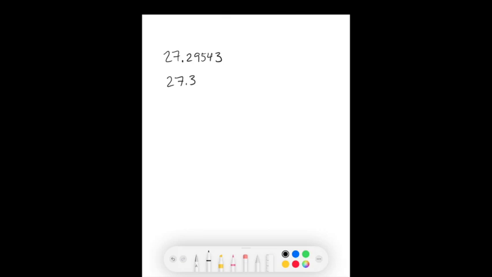We round the 2 up because of the 9. Now how about 4 significant digits? Well, that answer would be 27.30. We see that the 9 gets rounded up because of the 5. And so we would report 27.30, giving 4 significant digits.